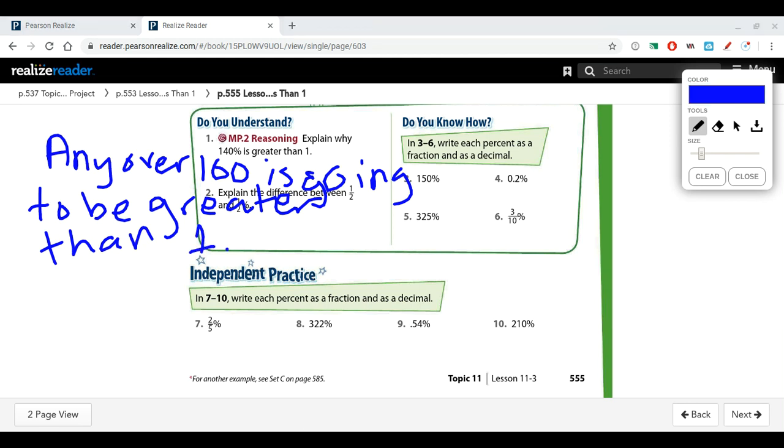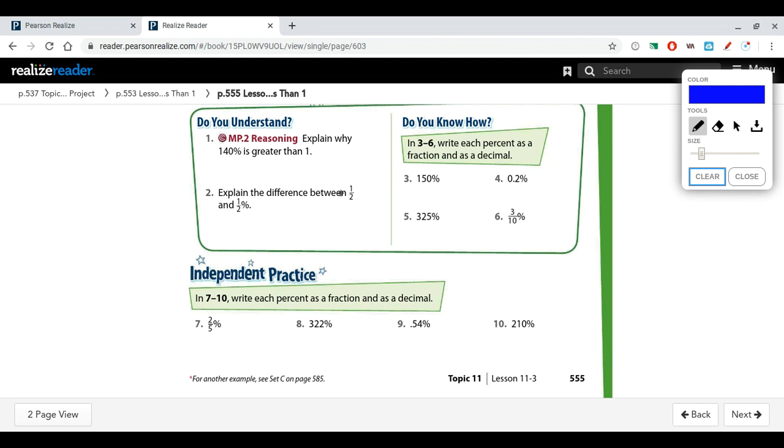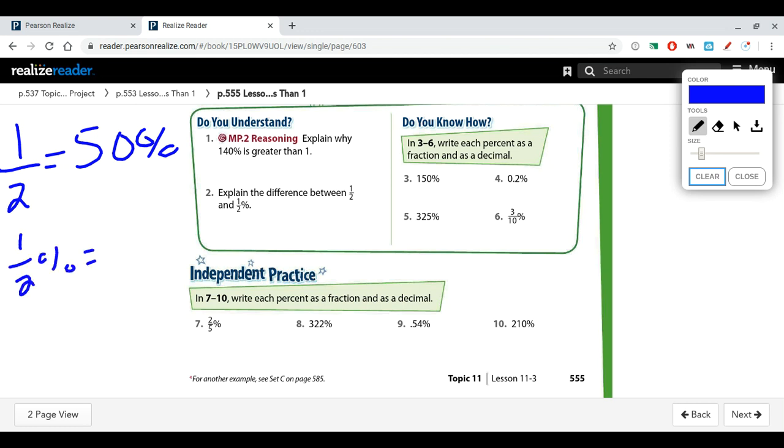Number 2, it says explain the difference between 1/2 and 1/2 percent. So if I look at 1/2 and start there, 1/2 is equal to 50%. 1/2%, if we look at it this way, remember I had to take 1/2 and I have to divide that by 100.